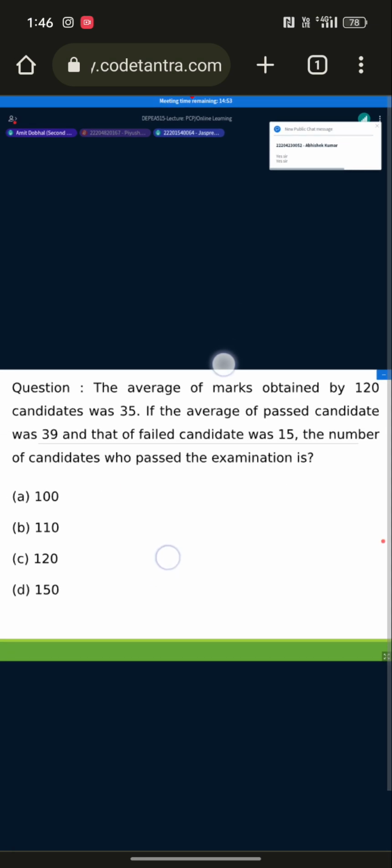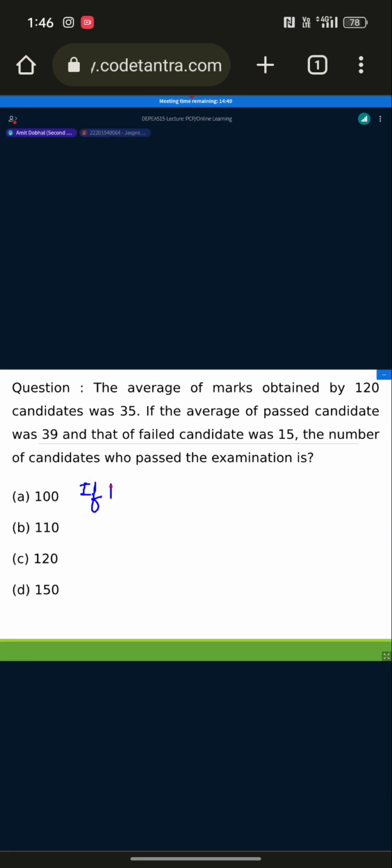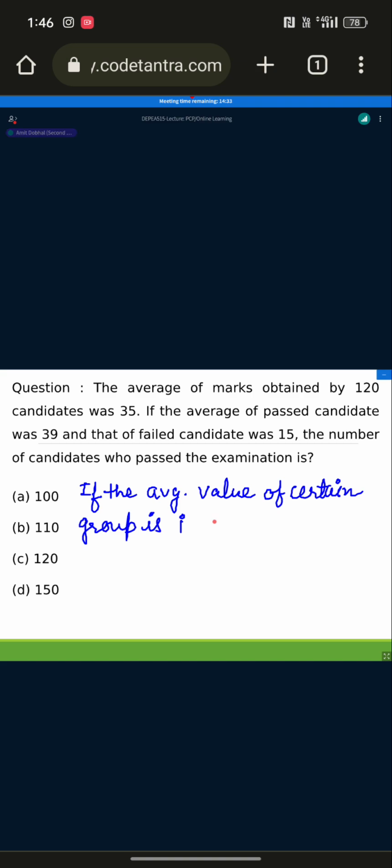Now you can just note down these 2 points. Okay, you can make some notes. If the average value of a certain group is included or excluded from the group, there is no effect in the average.